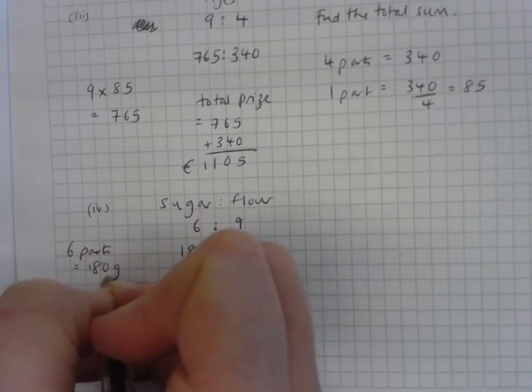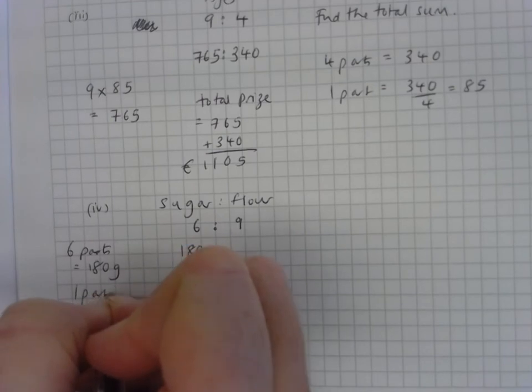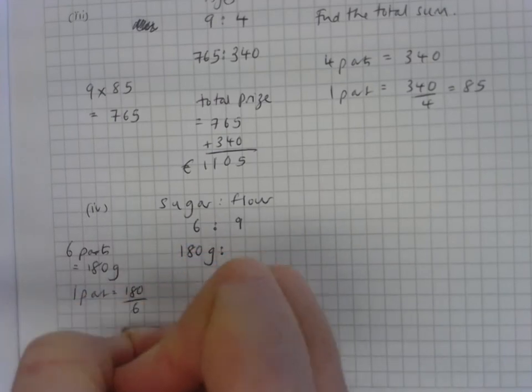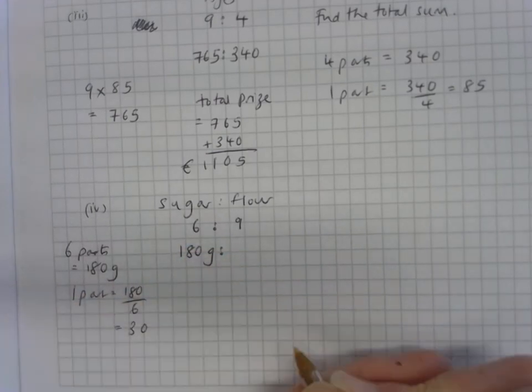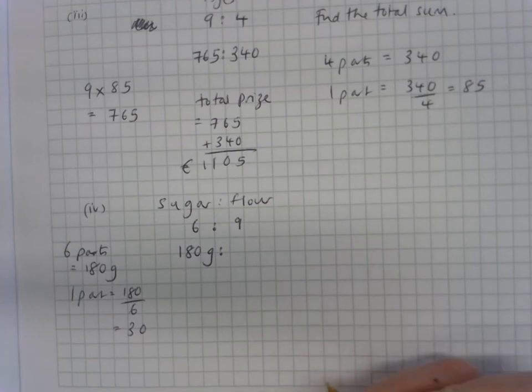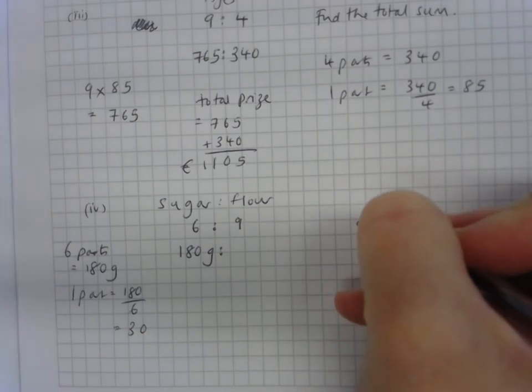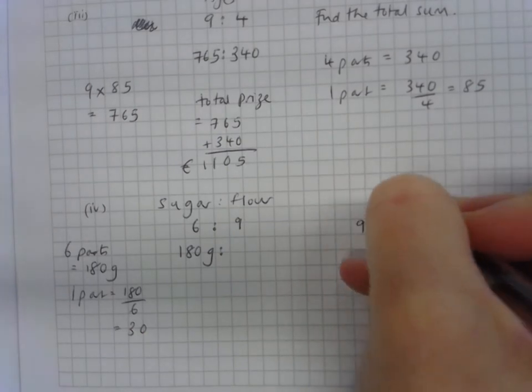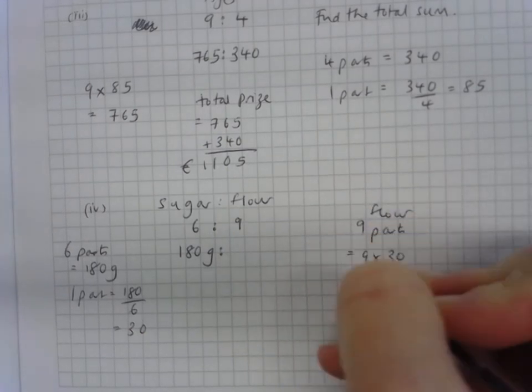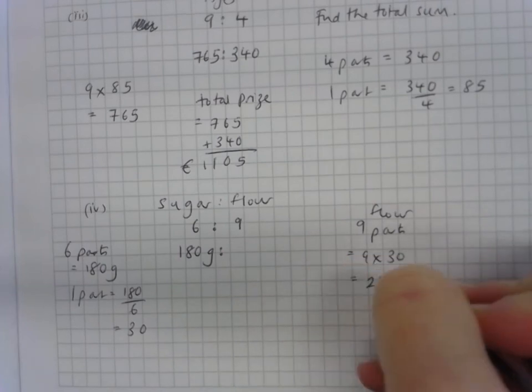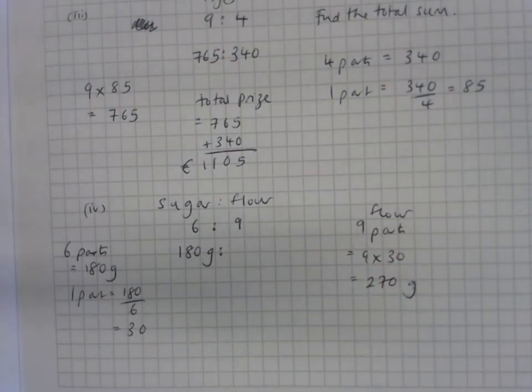So 1 part would be 180 divided by 6, which is 30 grams. So 9 parts, which is the flour, will be 9 times 30, which is 270 grams. So how much flour is used is 270 grams of flour.